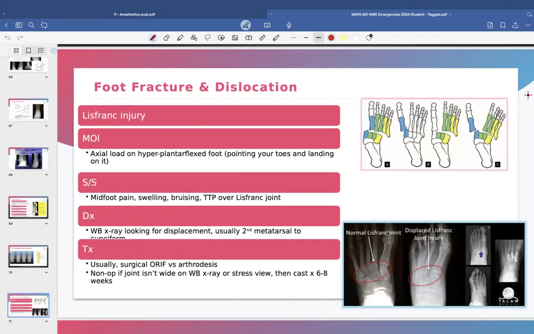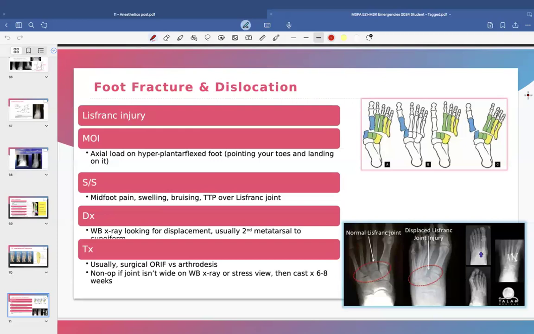I'm obsessed with this. They're iridescent and really cute. Lisfranc injuries, I think of all the pretty colors. It's so funny. I love it so much.